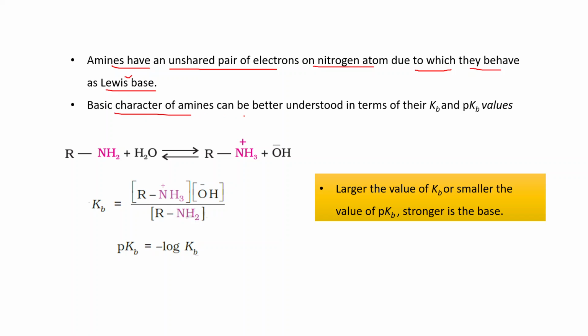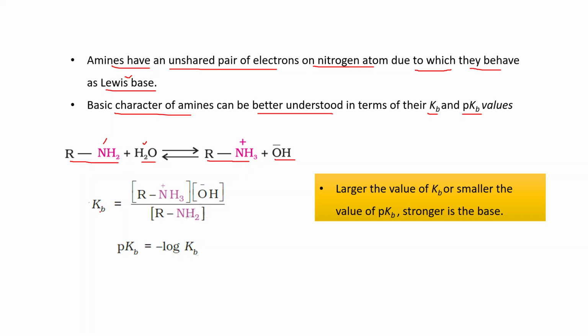Basic character of amines can be better understood in terms of their Kb and pKb values. Now let us see. This RNH2, when reacted with H2O, the NH2 will accept a proton from the water and convert into RNH3 plus, and this is OH minus.